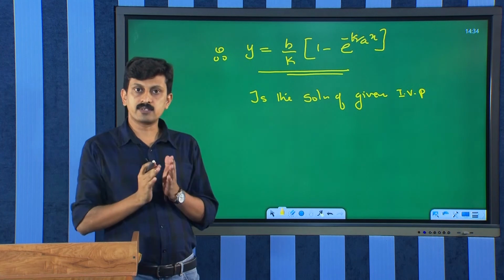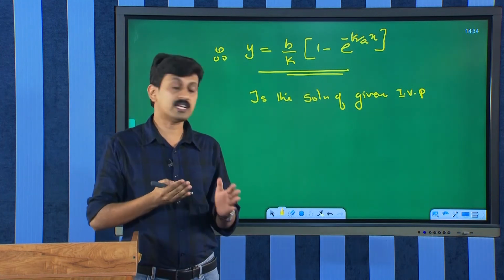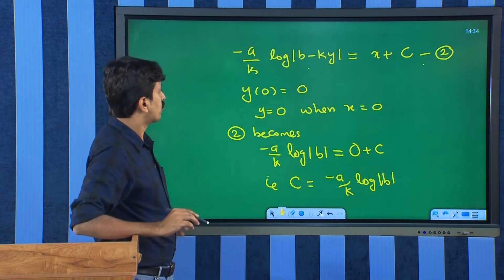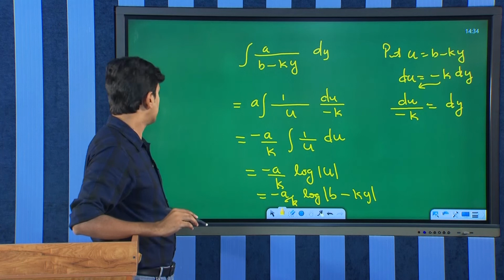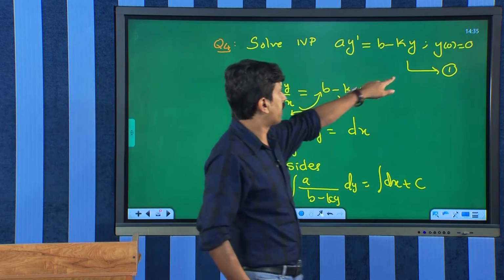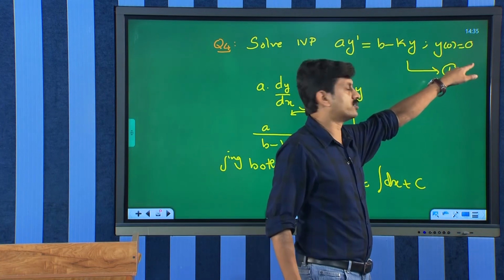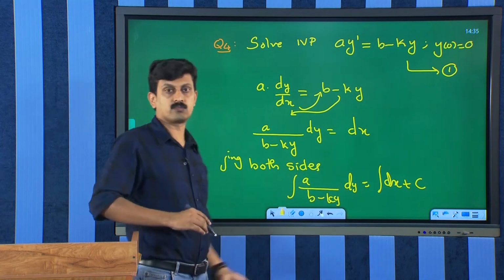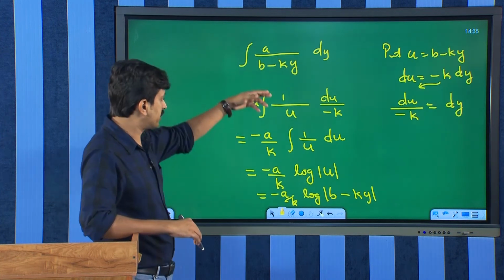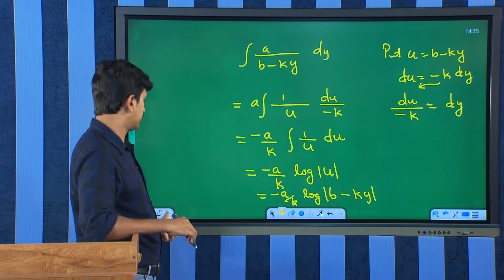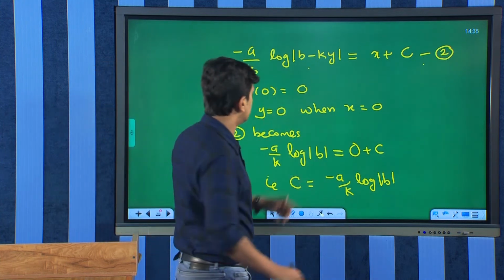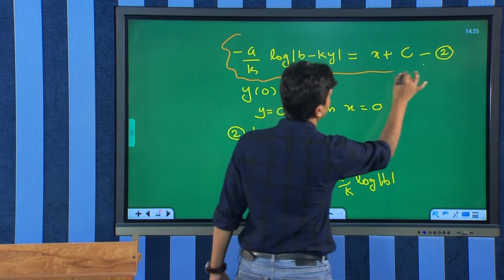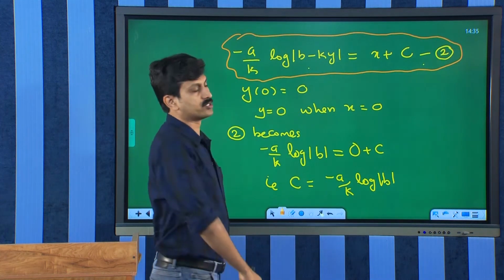Therefore, as we said before, if there is an initial value problem, there should be an initial condition. Here we have the initial condition y of 0 is equal to 0. We separated the variables, performed the integration on both sides, and we will have the general solution as in equation 2.